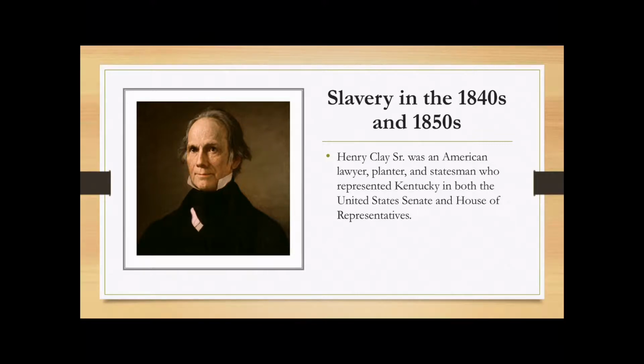The Missouri Compromise, or the Compromise of 1820, was an agreement between the pro- and anti-slavery sides in the conflict over how to regulate slavery in the Western territories.